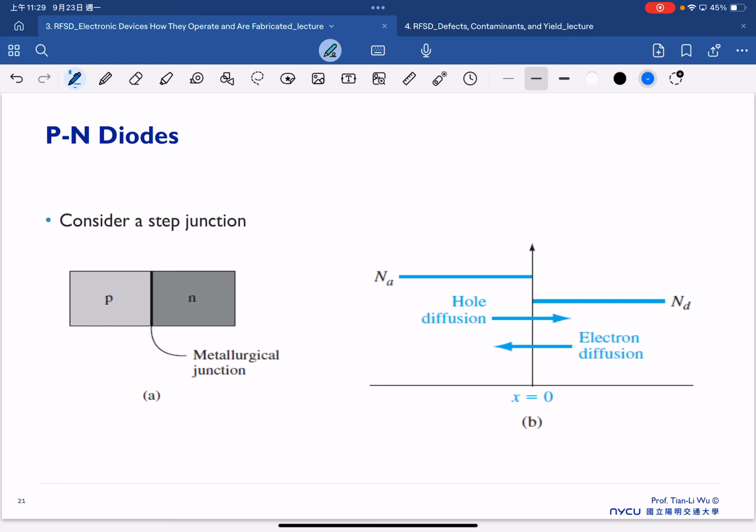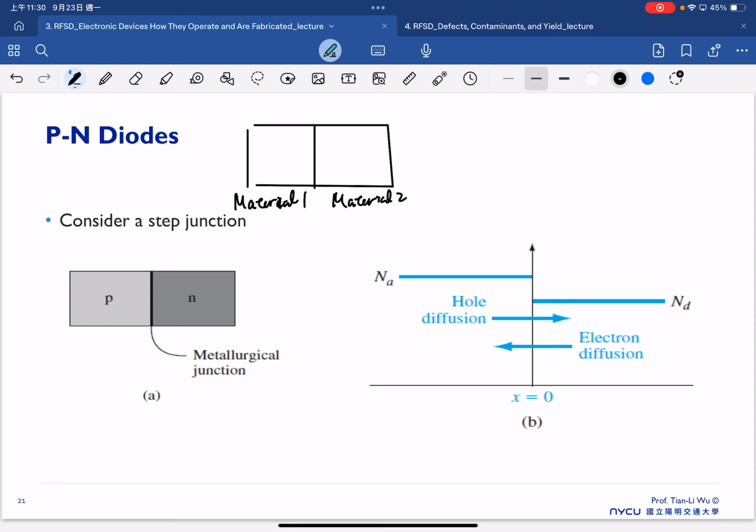Therefore, we will definitely be interested in understanding what the physics and characteristic changes will be if we try to combine two different materials, material 1 and material 2. So that's generally what we will be interested in for semiconductors.